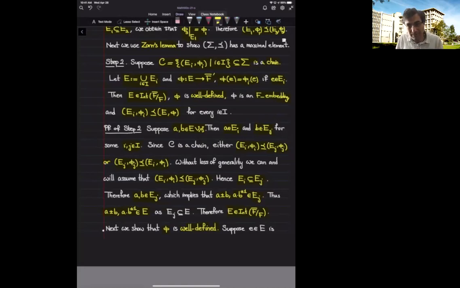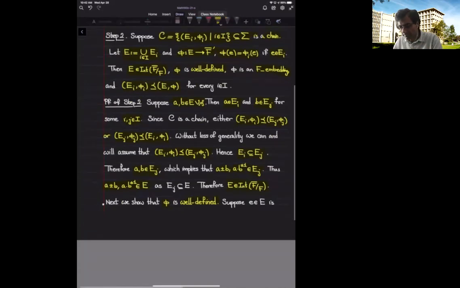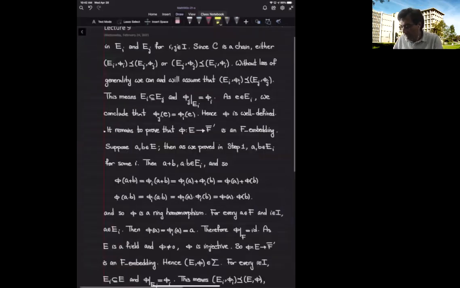Which one do I want to pick? I pick one of them, and then I use what φ_i tells me to do. Now the question is, what happens if I choose another i? Do I end up getting the same quantity for φ of e? After all, we want a well-defined function, so I need to assign only one value to e. I'm going to argue that all of them are the same, and therefore there is no ambiguity.